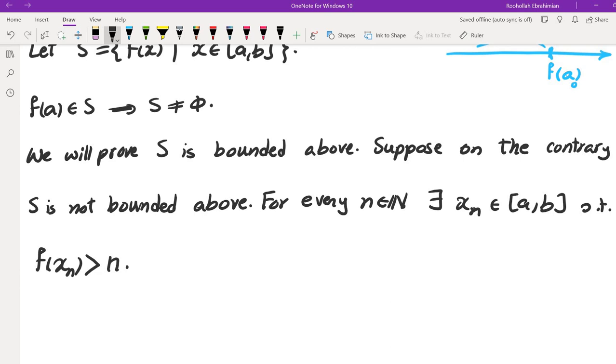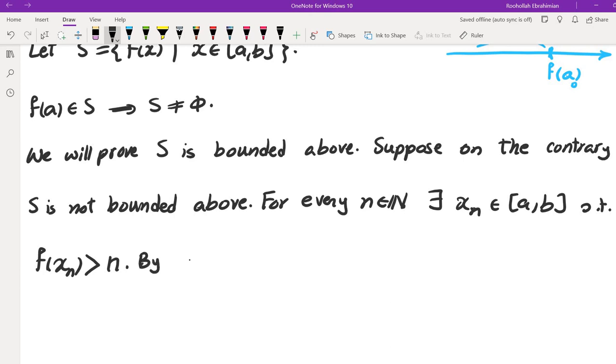So think about whether you can extract a sequence that is convergent. How do we deal with sequences that are inside a closed interval? Can we extract some sequence that is convergent? And the answer is yes. We can use the sequential compactness theorem.